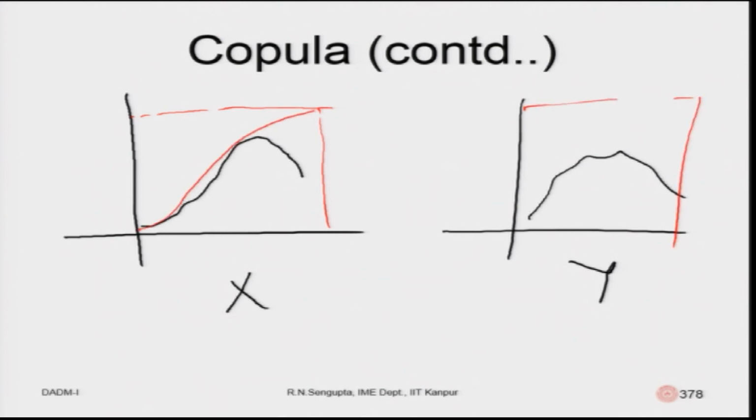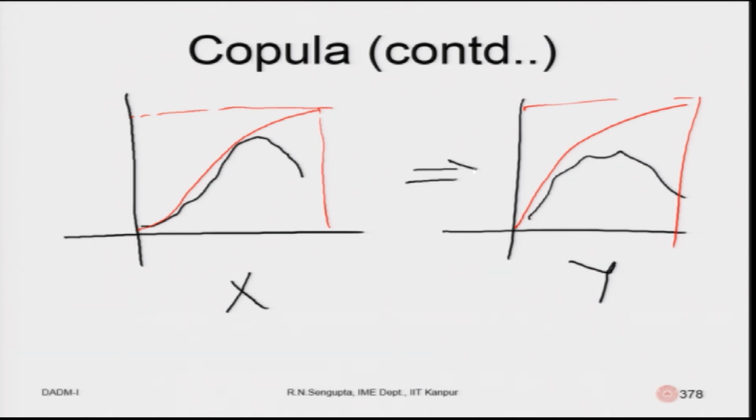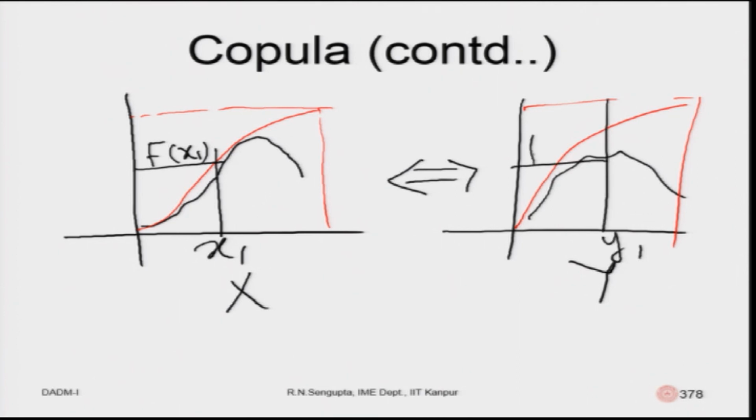So, the CDF value would be this, some CDF value is this, which means that if you are doing a one-to-one correspondence between them, then at a certain value x1, the capital F of x1 would have a corresponding value y1, such that this would always be true.